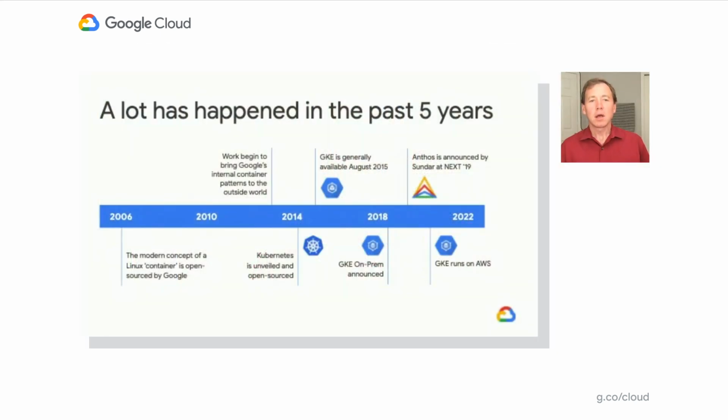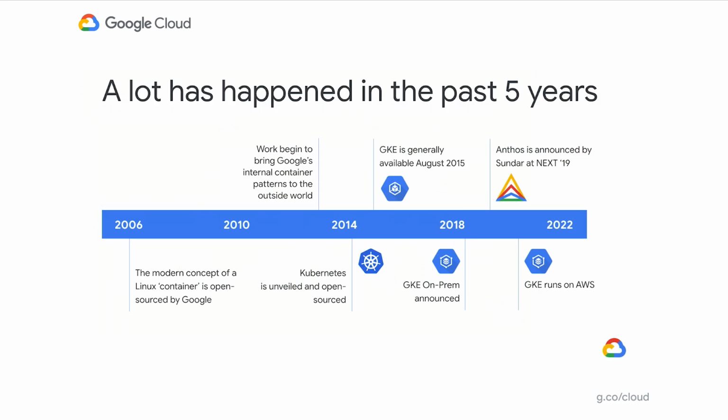The journey towards that day started way in the past. It goes back to 2006, when Google open sourced the modern concept of Linux containers. That's where we started. In 2012, Google was ready to take the next step and to start the work on bringing container management at scale, and all the experience that Google internally had with the technology, to the outside world.